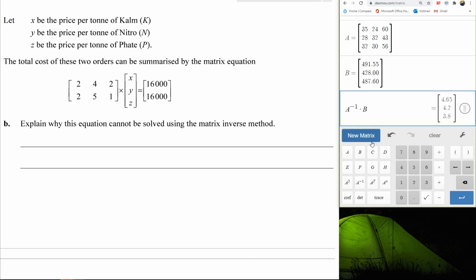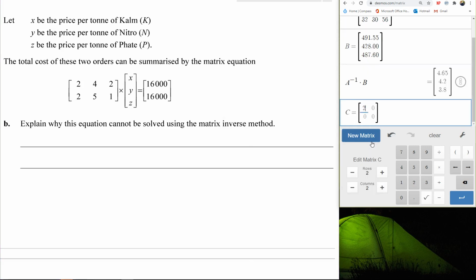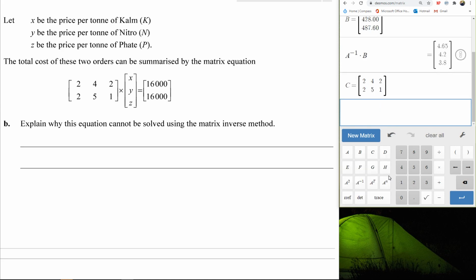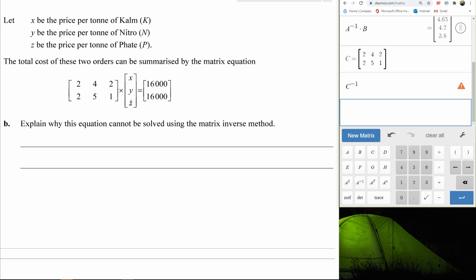So if I try, for example, to make that matrix, you've got 2, add another column. So you've got 2, 4, 2, 2, 5, 1, 2, 5, 1. There's my matrix. You can't actually find an inverse of this. It's impossible to do. There's no answer for it because it's not a square matrix.